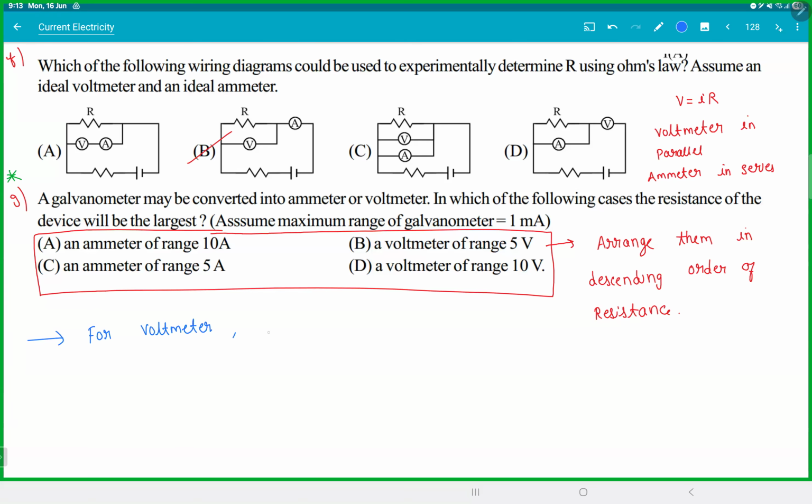For voltmeters, larger the range, larger the resistance. So between two ammeters, the one with more range must have smaller shunt resistance, so smaller resistance. That is how you compare.